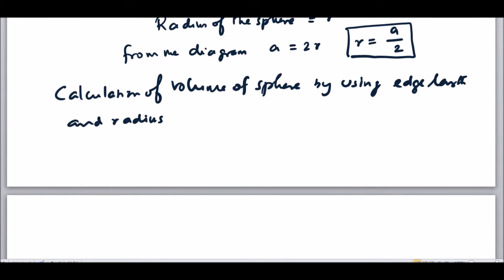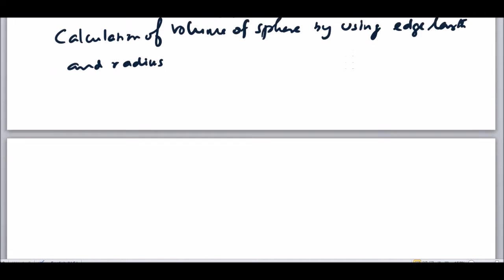We know very well the formula to find the volume of a sphere: volume of sphere is equal to 4 by 3 pi r cube.